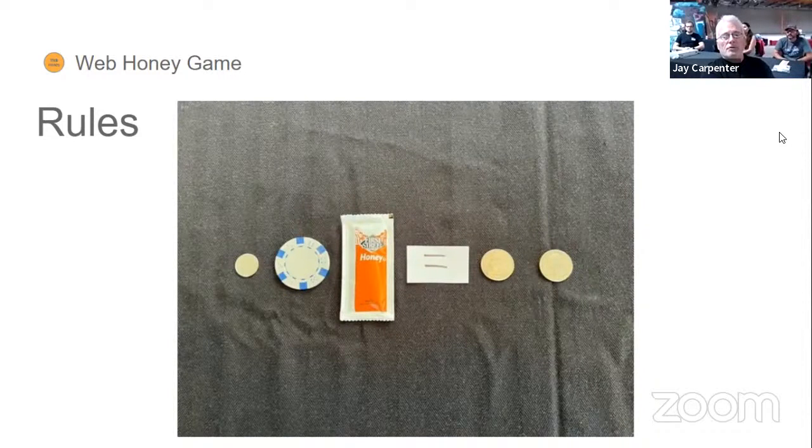Then the foundation has agreed to acquire that honey token at 50 cents in exchange for the 10 cents. You can think of it as an insurance premium.